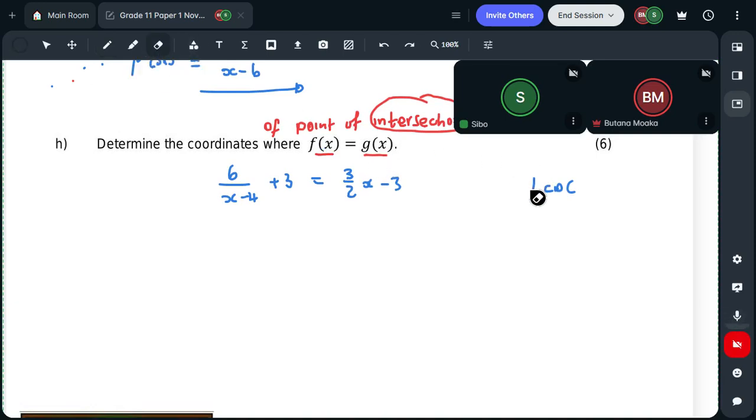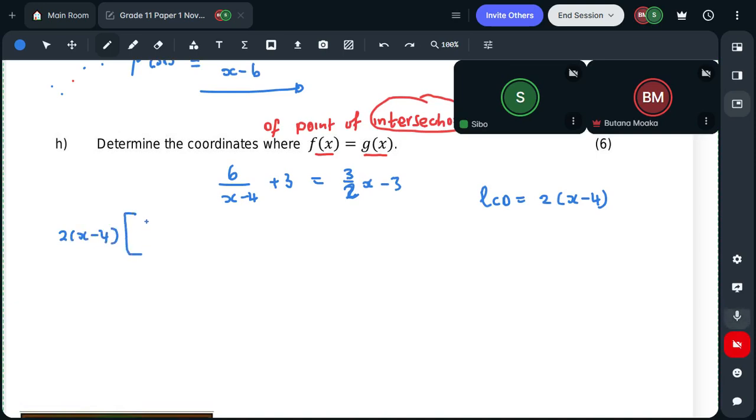The fact that you know how to find the LCD is a very good start. So your LCD is 2 into x minus 4. The 2 is coming from multiplying the denominators. We're going to multiply every term by that 2 into x minus 4.